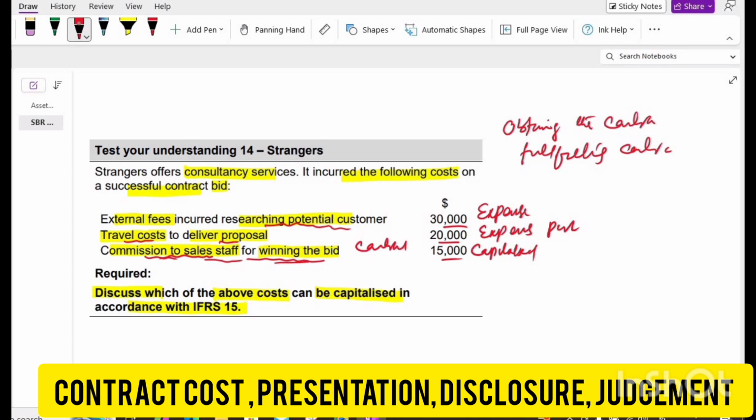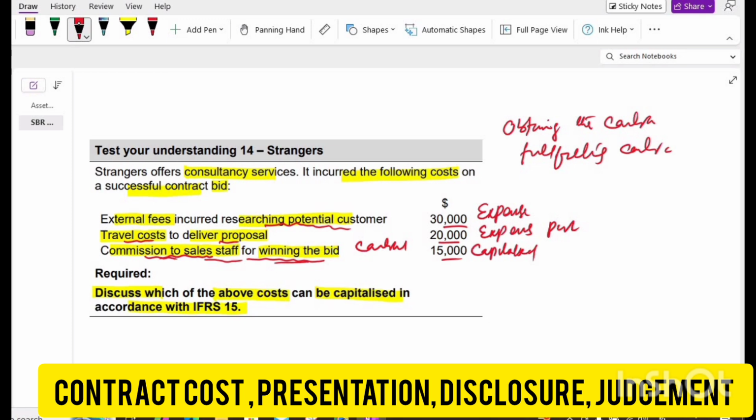Clear? And the costs are expected to be recovered through the revenue, definitely. The contract is successful, so whatever you earn is revenue from the contract, so the cost is also recovered. Now under IFRS 15, the cost of obtaining a contract such as this one, a sales commission, should be capitalized as an asset and then amortized over the period in which the related revenue is recognized.